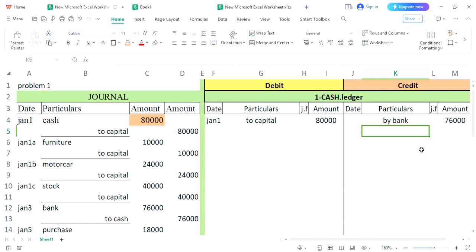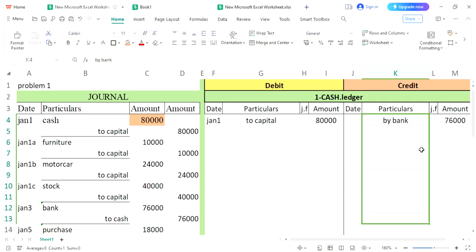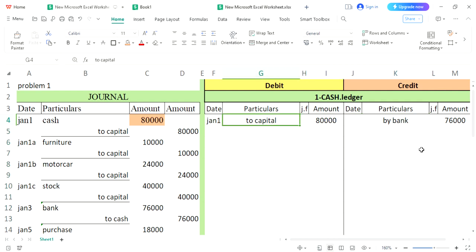So if you are writing any element under particular in credit column, you will use the word by, and whenever you are writing anything in the particular column on debit side, you will use the word to. Hopefully you have understood. So 76,000 particulars reference has been written.